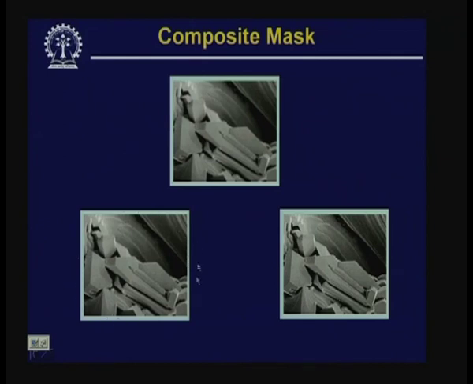Bottom left is the enhanced image when we use a mask where only the horizontal and vertical neighbors are non-zero, whereas the bottom right is obtained using the mask where we consider horizontal, vertical and diagonal coefficients to be non-zero. As is quite clear from this result, when we use the mask having horizontal, vertical and diagonal components as non-zero values, the enhancement is much more.